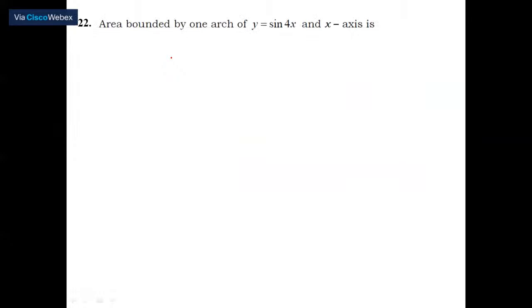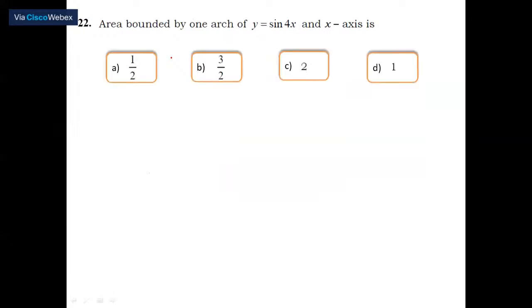The area bounded by one arc of y is equal to sine 4x and the x-axis. Okay, as I told in the previous problem, here the area of one complete arc is from 0 to pi. When it is sine x, it is 2.